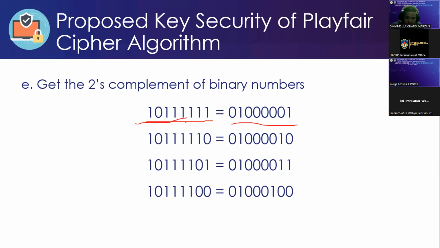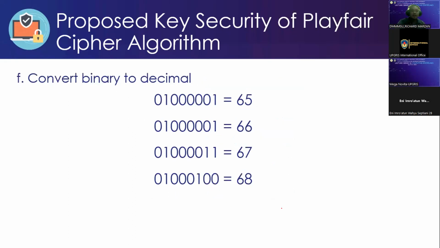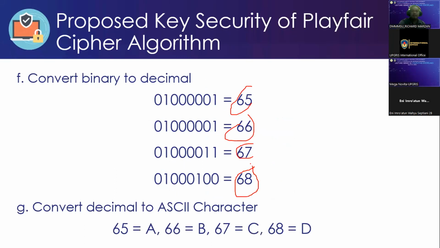First the A, B, C, and D. Then we have to convert that into decimal: 65, 66, 67, and 68. This is the decimal converted into ASCII characters. The equivalent value of 65 is A, 66 is B, 67 is C, and 68 is D.